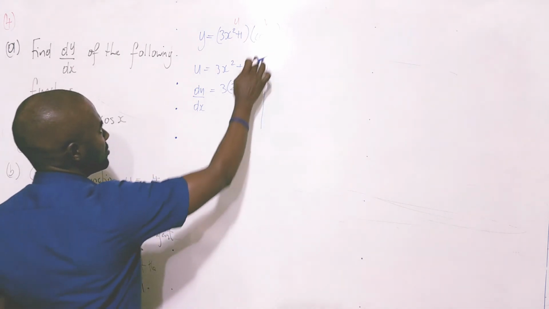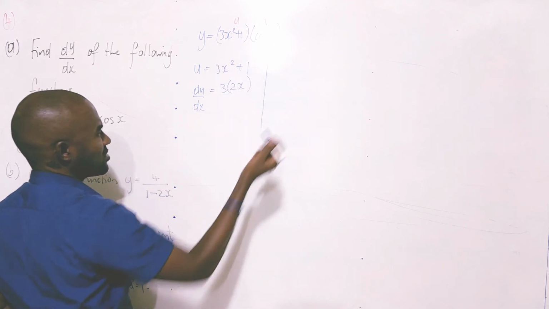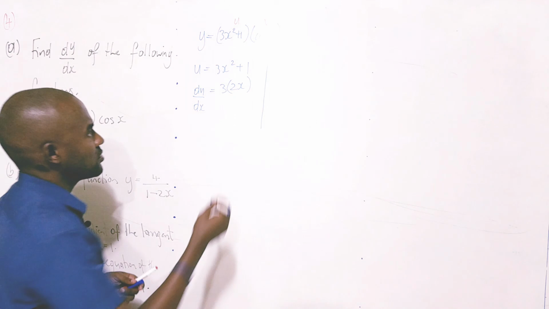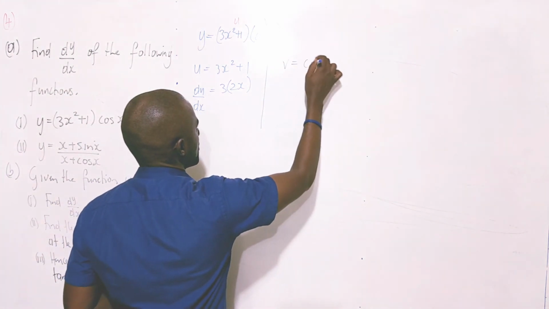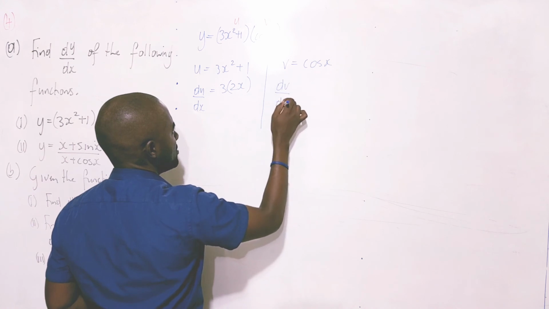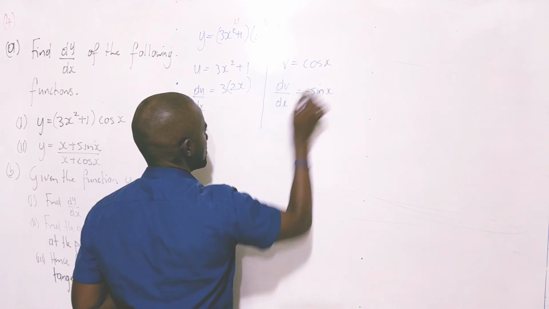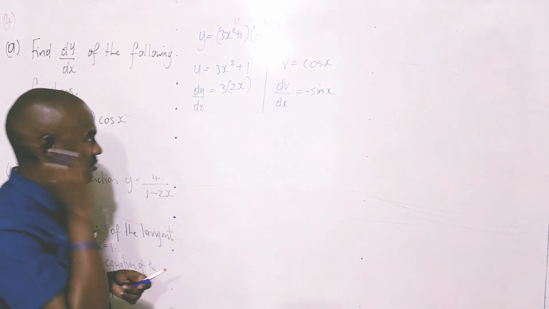Now let's differentiate v. So if u is equal to 3x squared plus 1, then v is equal to cos x, the other part of the product. So v is equal to cos x, which therefore means that dv by dx is equal to minus sine x. When you differentiate cos, you get minus sine.